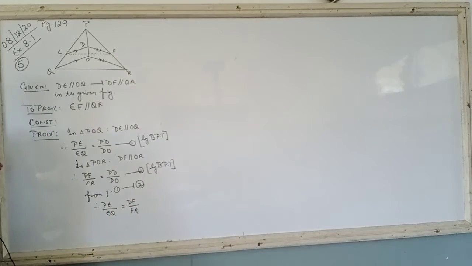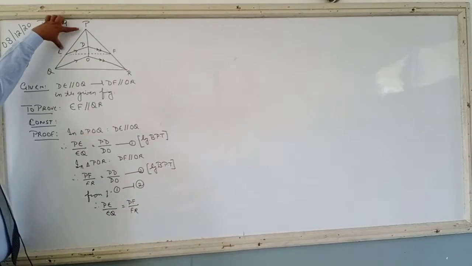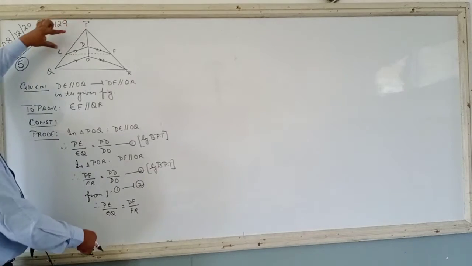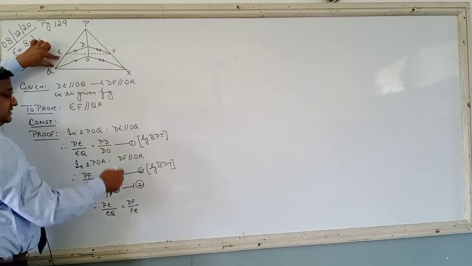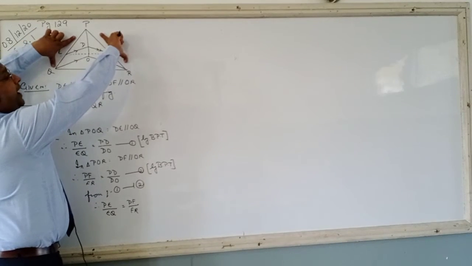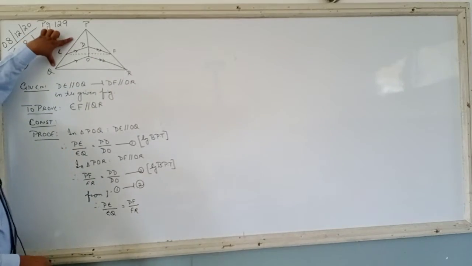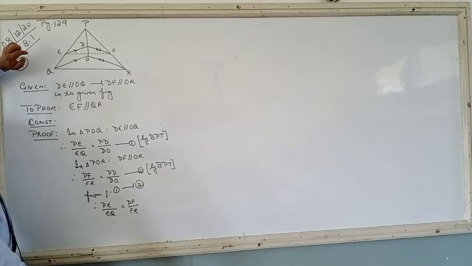This is what I can say. Now let me check where are these. PE, EQ, PF and FR. These are the parts of the sides PQ and PR. The sides PQ and PR are divided in the same ratio.